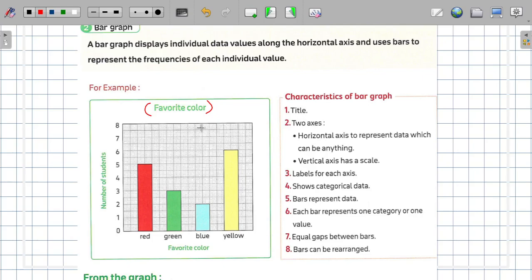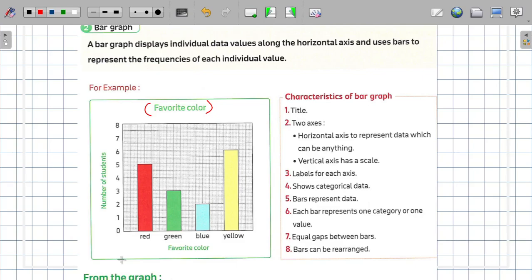The second one is the 2 axes. I have here the horizontal axis to represent the data, which can be anything. So I collected any types of data, like here the types of colors. So I represent the types of colors here on the horizontal axis, and the vertical axis here is numbers, and the numbers here have a scale, so it will be an equal distance too.